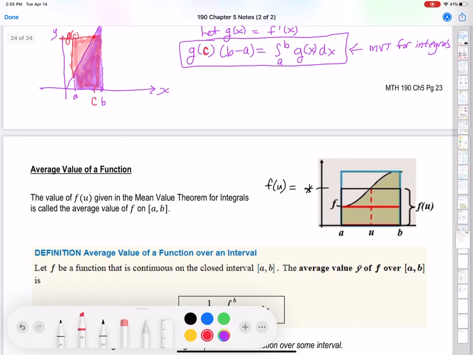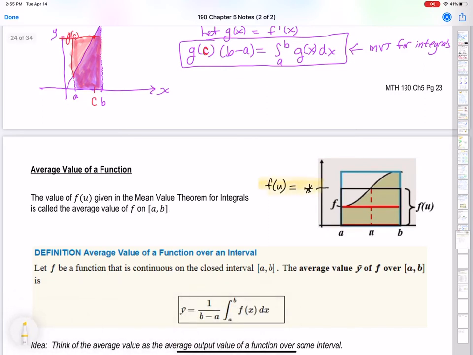Once again, if we were to re-isolate, going back and forth between these representations, if you were to rewrite this and divide both sides by b minus a, what you're now getting is isolating for that f of u, which sometimes is denoted with a y bar.